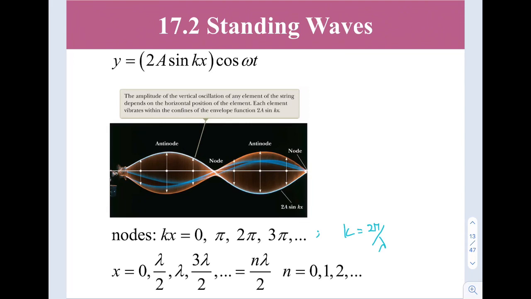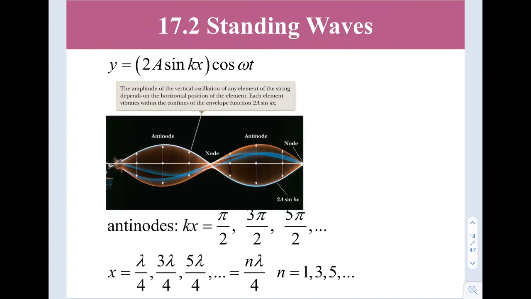These points of 0 amplitude here are called nodes. Then when you have the greatest possible displacement for the medium of your wave, with amplitude of 2a, this position of maximum displacement, we call it an antinode. The positions in the medium at which maximum displacement occurs are called antinodes, right?